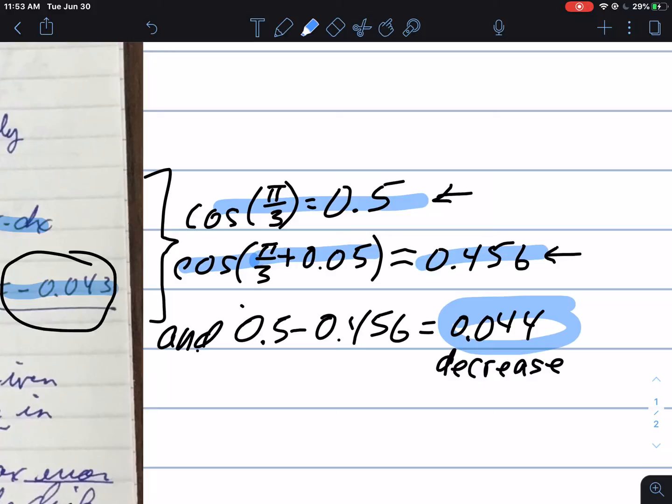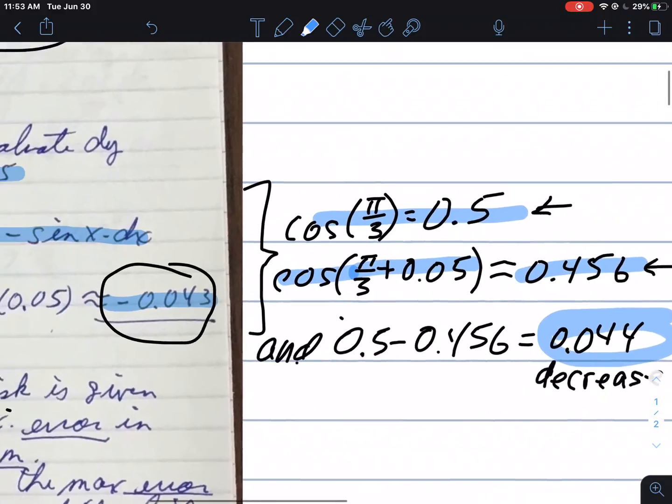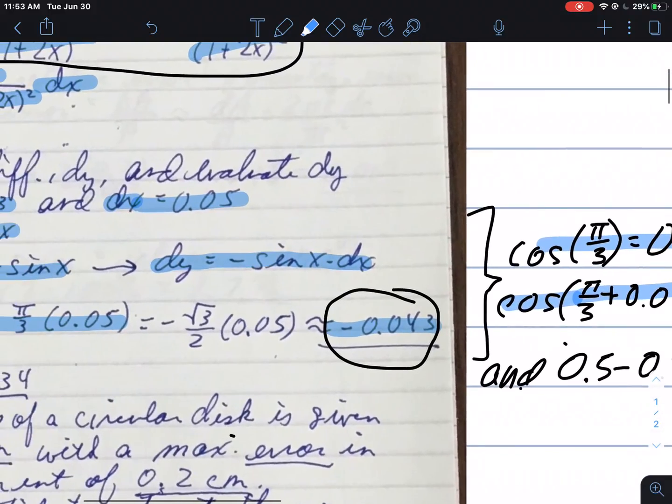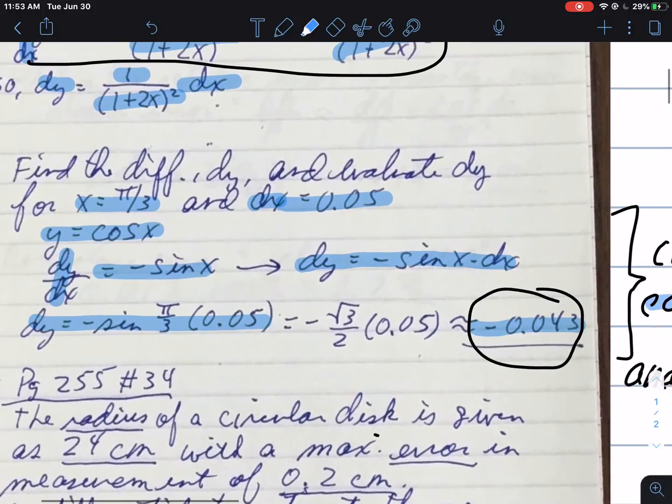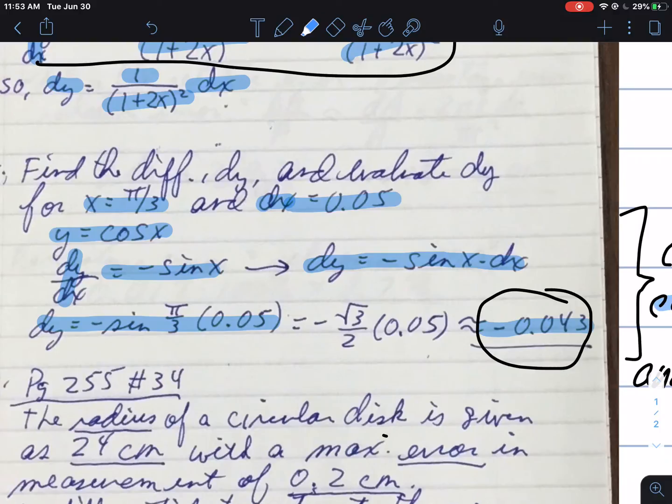All right? So again, it's kind of what I talked about earlier. It's using an approximation. Now in this case, obviously, the approximation is not much simpler than the original function, because my function is cosine x and my derivative is negative sine x. So there's not much difference between the two, and we're using one to approximate the other.